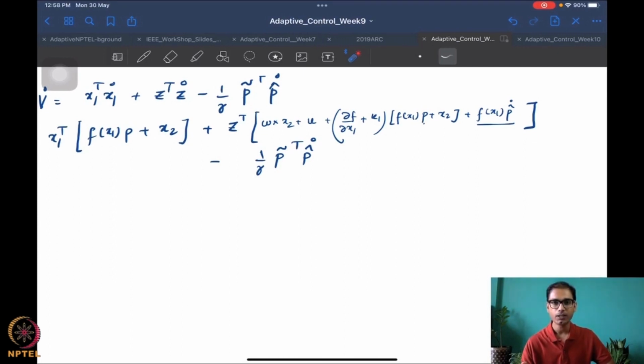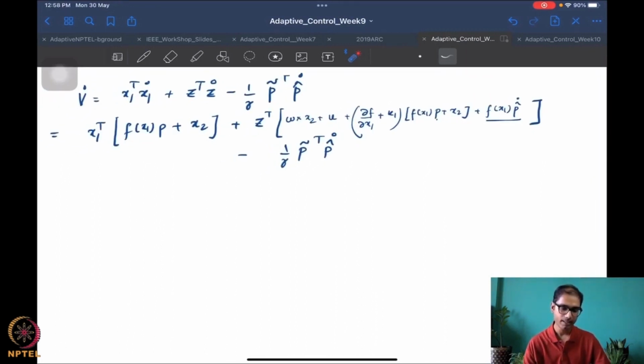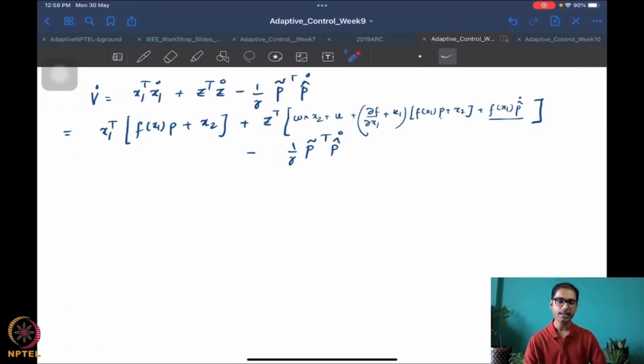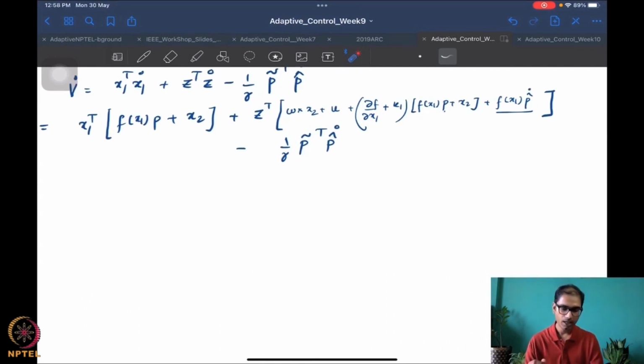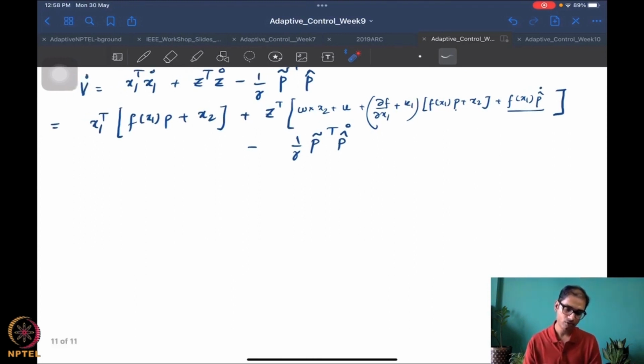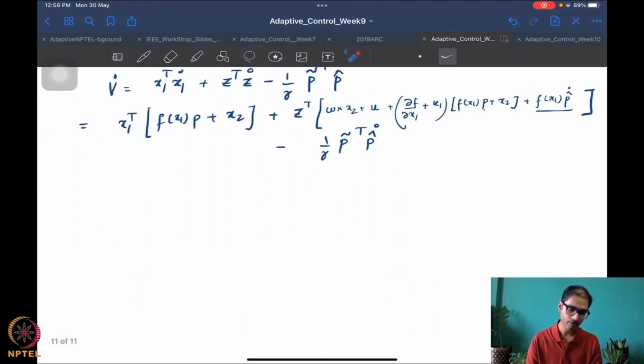What we want to do is first write x2, as always, in terms of z plus x2 desired. So that is equal to z minus k1 x1 minus f x1 p cap.